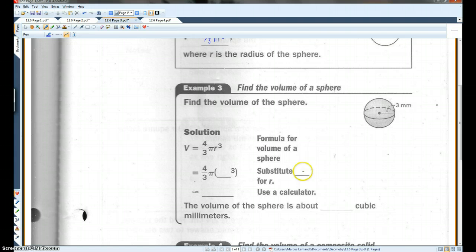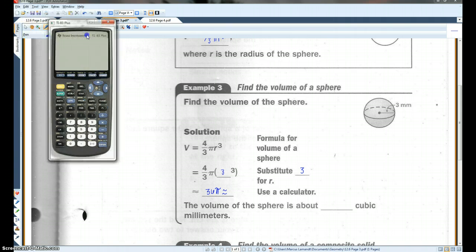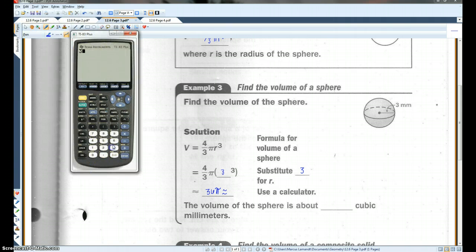I'm going to substitute 3 for r. 3 cubed is 27. 27 divided by 3 is 9. 9 times 4 is 36. 36 pi is approximately 113.10.